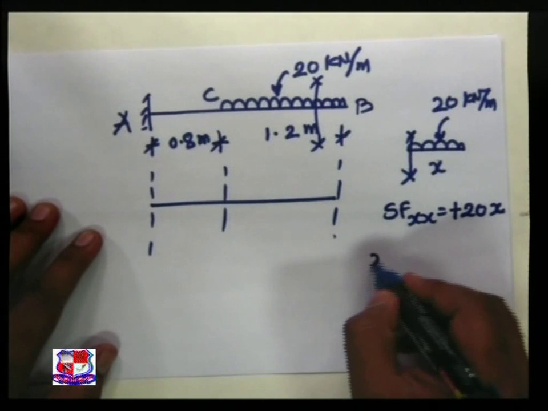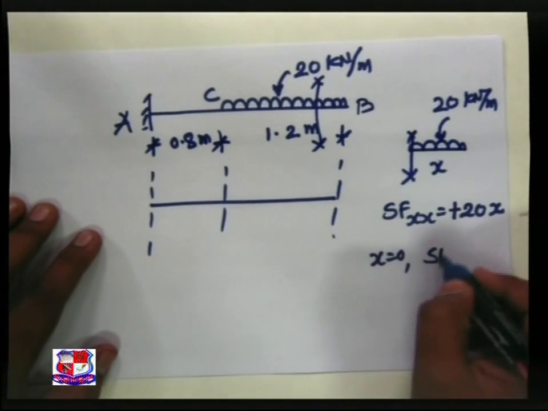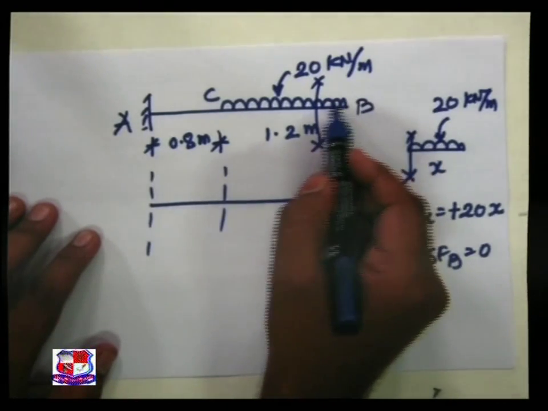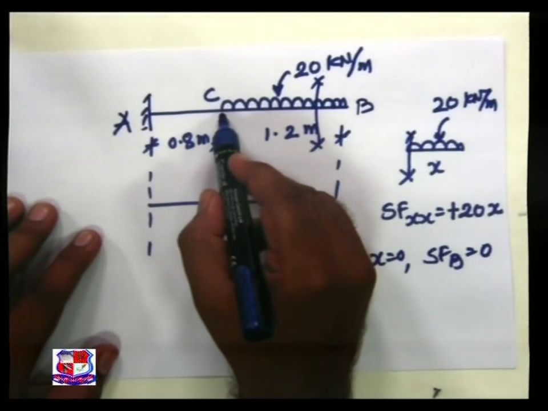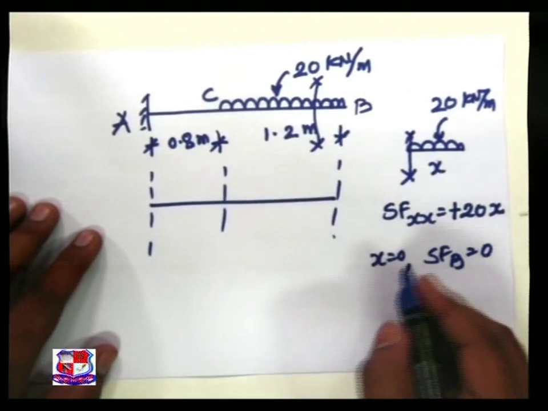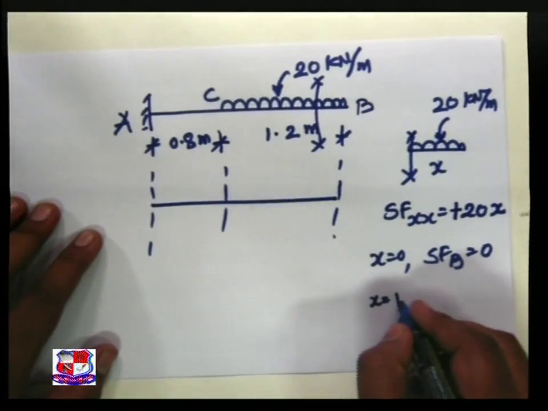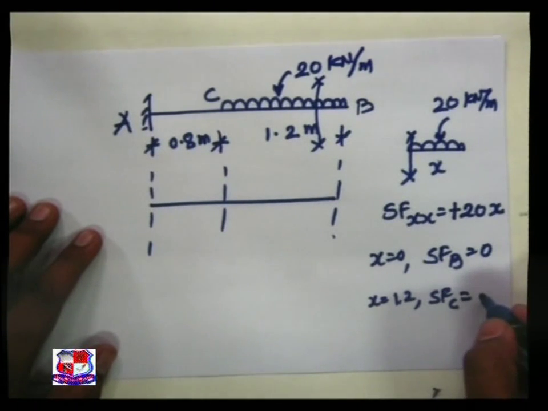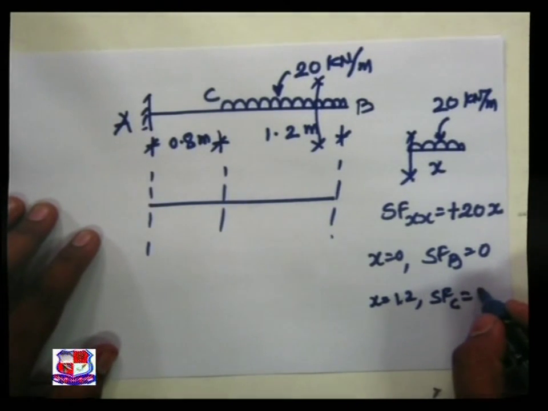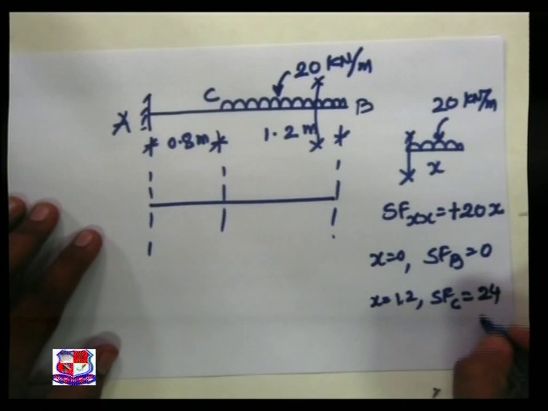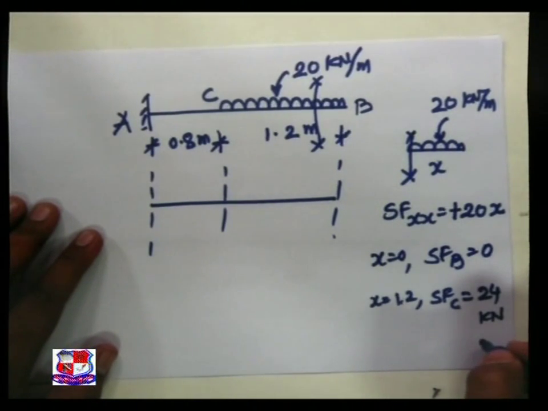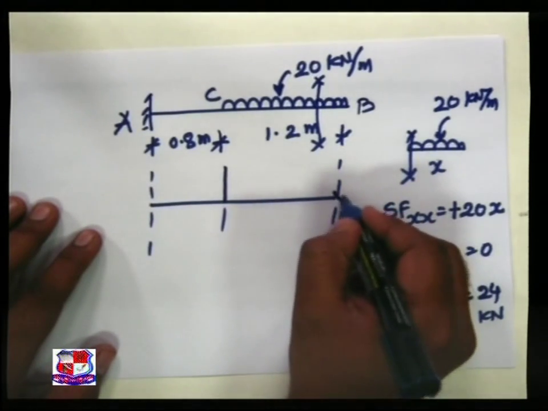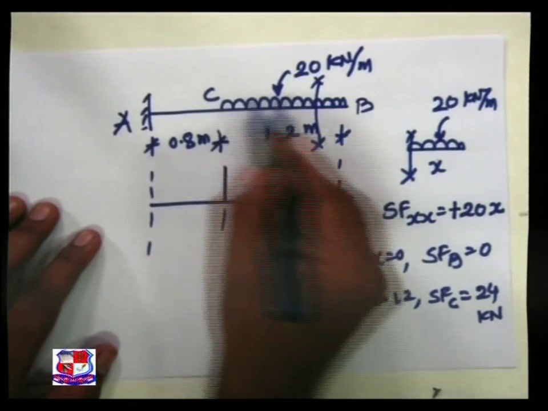Now if we put x is equal to 0, SF at B is equal to 0. This UDL is up to 1.2 meter only. So if we take x is equal to 1.2, SF at C is equal to 20 into 1.2, that is 24 kilonewton. So this ordinate is 24, this ordinate is 0, UDL is there.